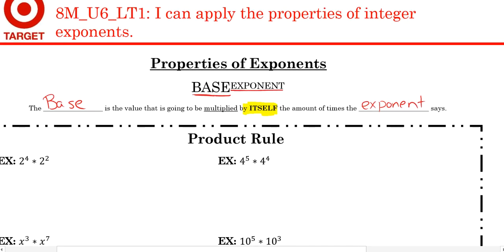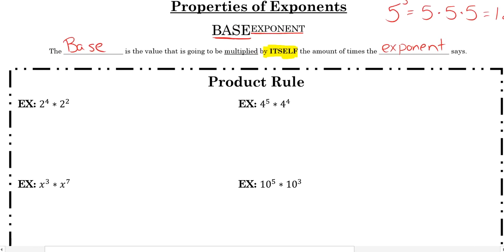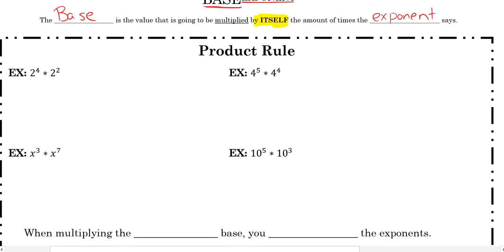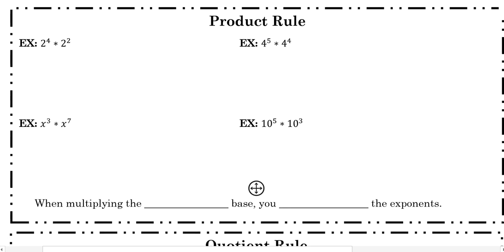So in years past, we have been working with just single values. So if I have 5 to the third power, that would be the same as 5 times 5 times 5. And then we might have evaluated that and gotten the value 125. Today what we're going to be focusing on is when we have multiple bases and we need to simplify the expressions that we are given.